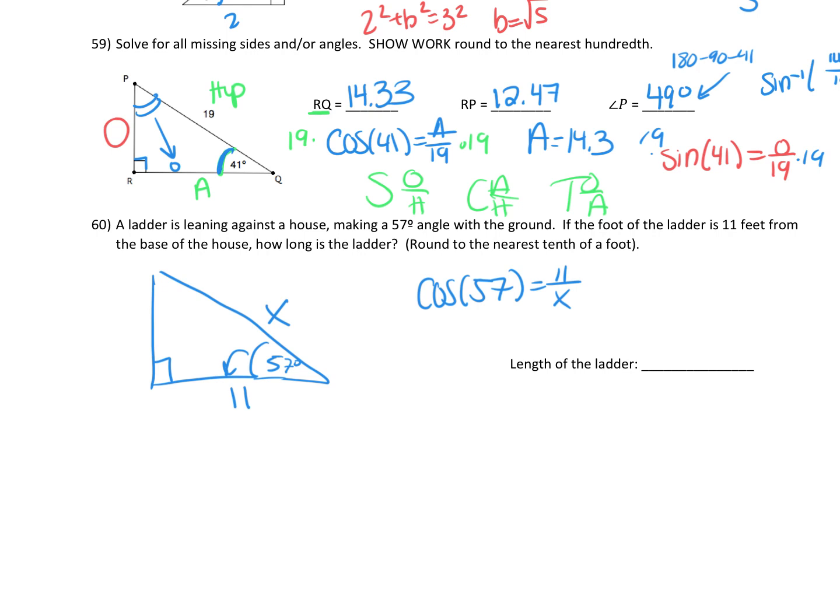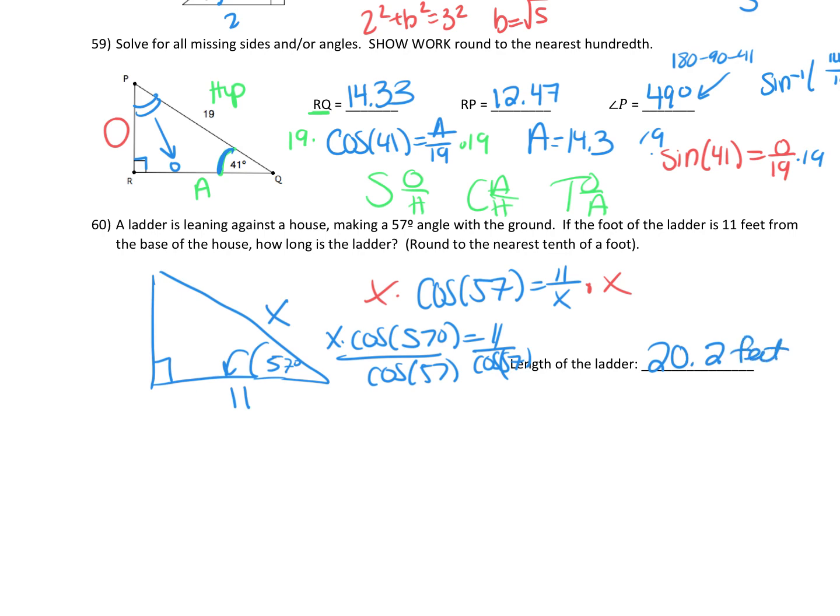But now my x is in the denominator, so I got to multiply by x, and then divide by cosine. So 11 divided by the cosine of 57 is 20.2 feet. It does say round to the nearest tenth.